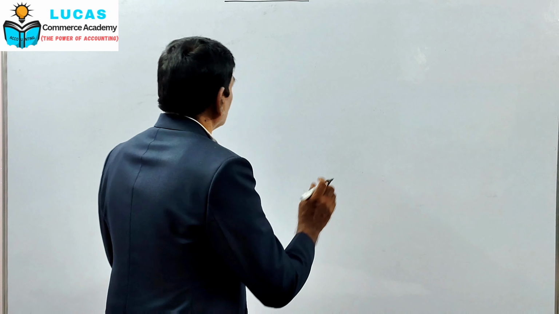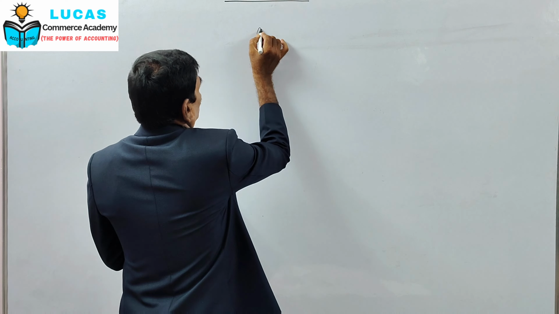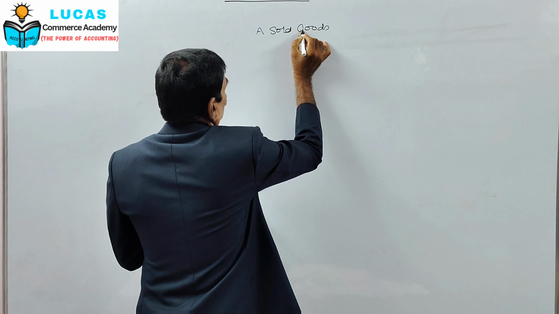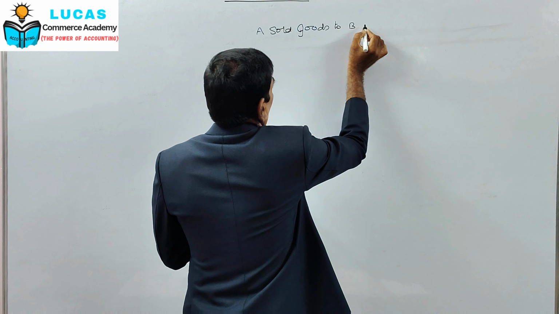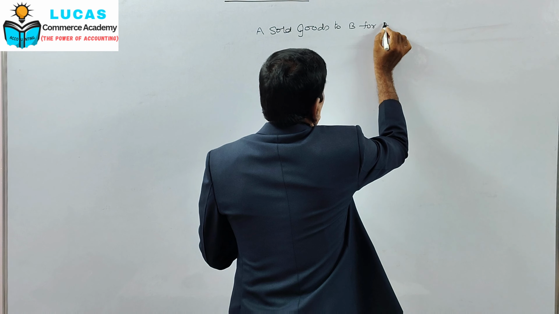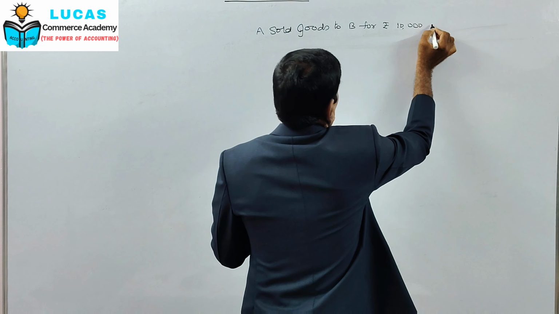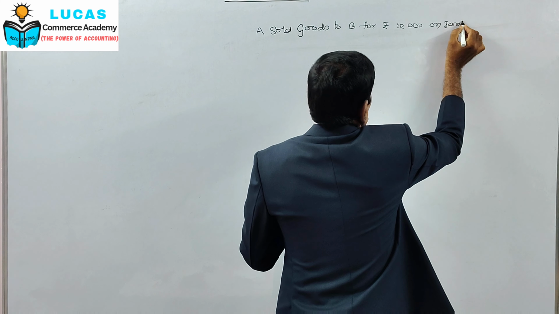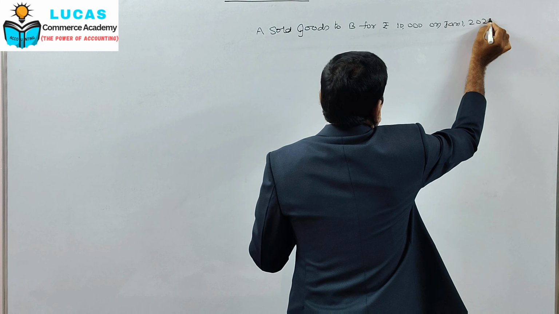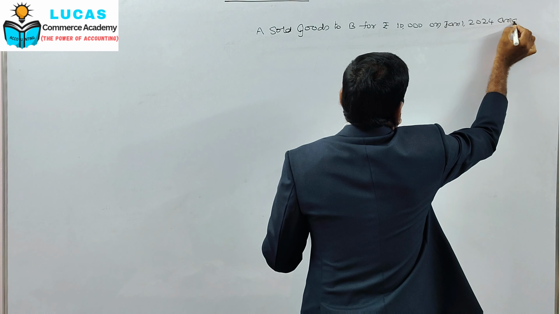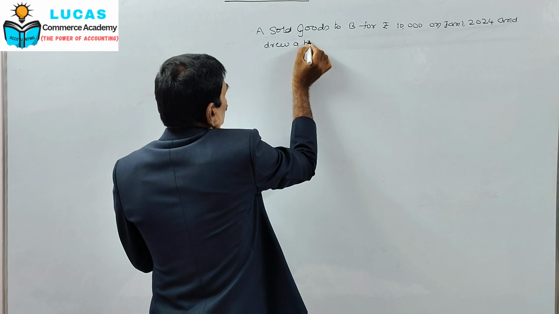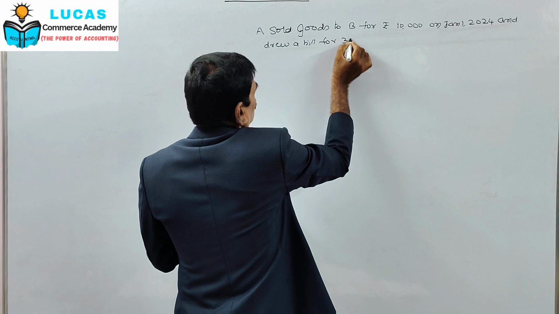Let us take our previous example. Mr. A sold goods to B for rupees 10,000 on January 1st, 2024 and drew a bill for 3 months.